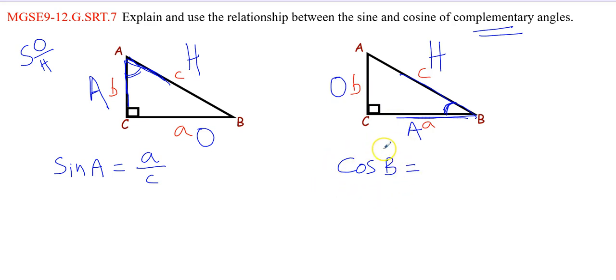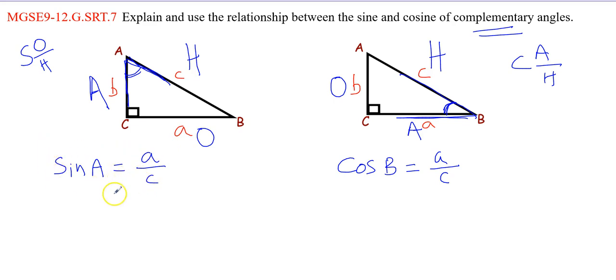Now how do you find the cosine B? We know that cosine is adjacent over hypotenuse. So cosine of this angle B is equal to the adjacent side, A, over hypotenuse, which is C. Now what do you observe in this?